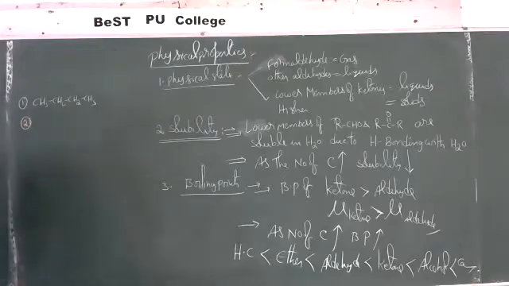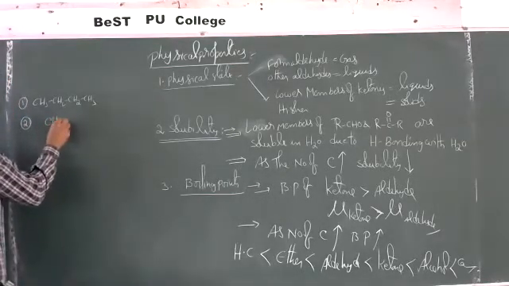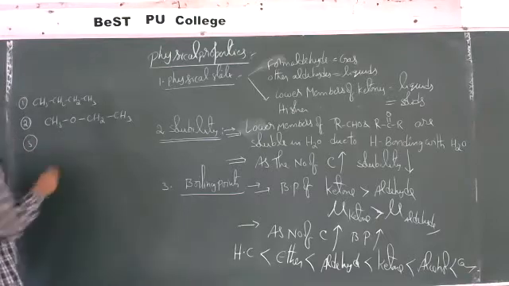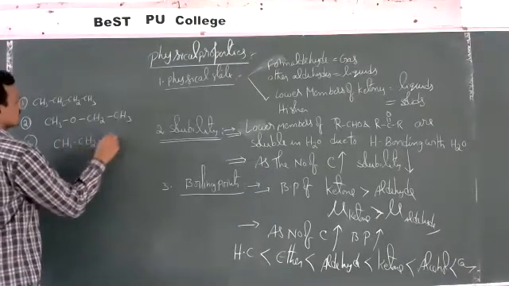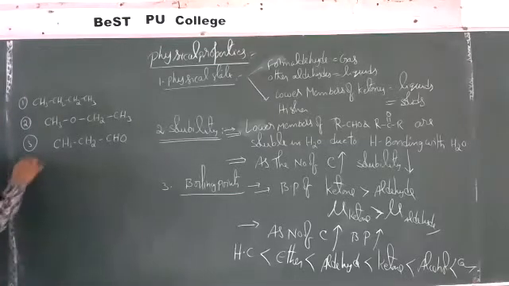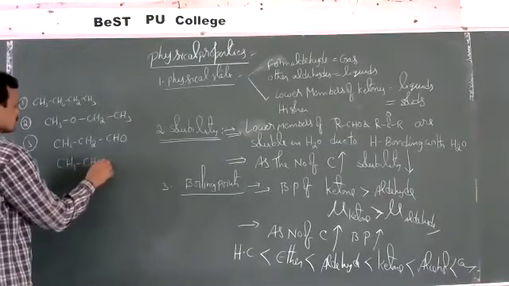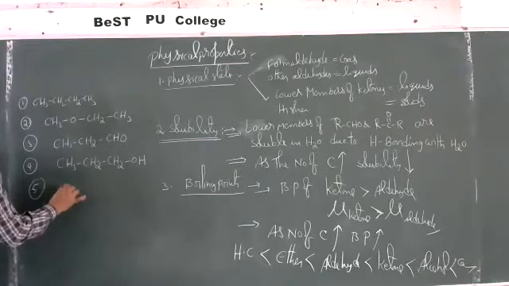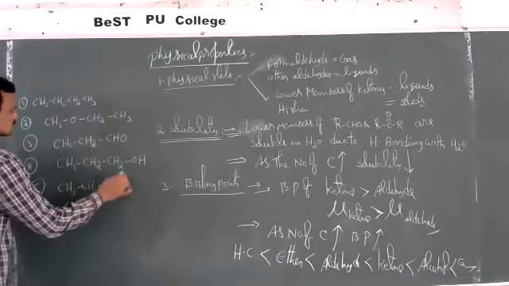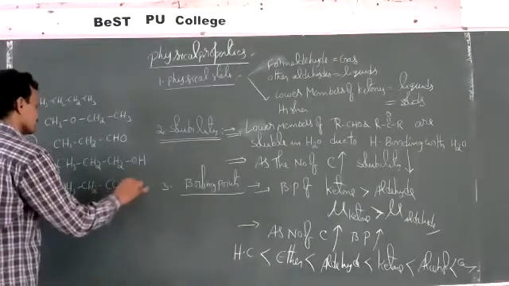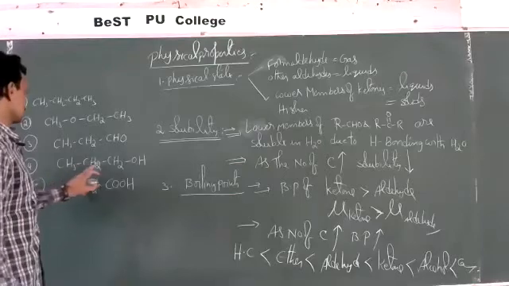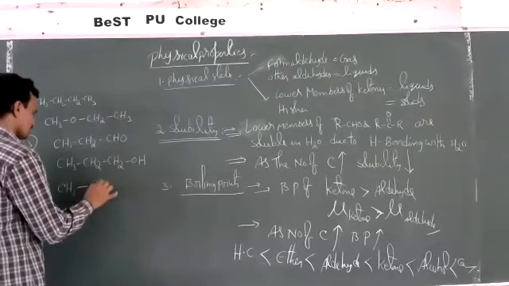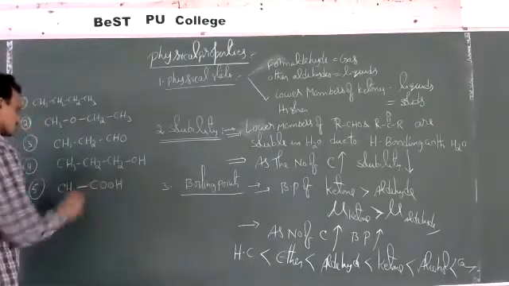One more compound, an ether, CH3OCH2CH3, and I will take an aldehyde, CH3CH2CHO, an alcohol, CH3CH2CH2OH, a carboxylic acid, CH3COOH.